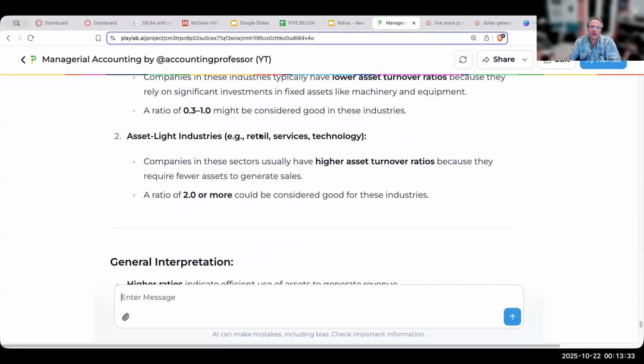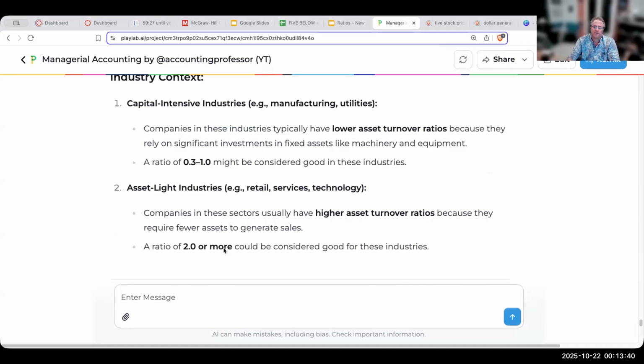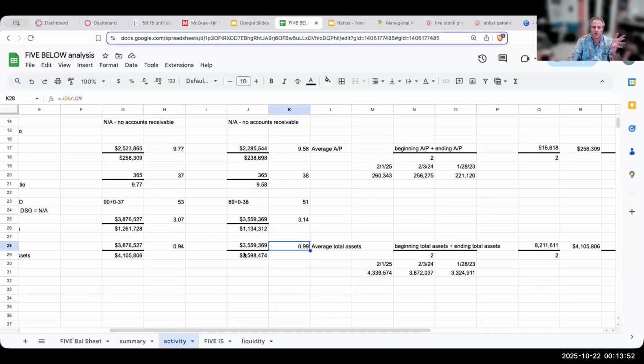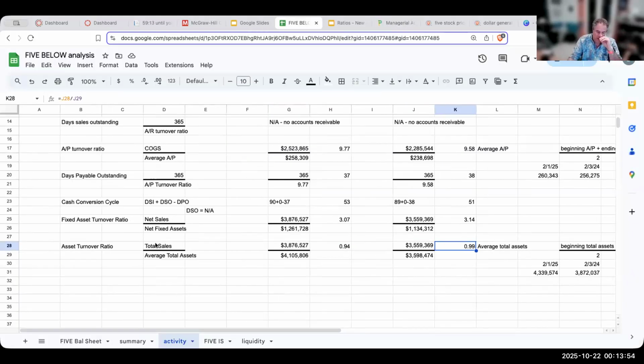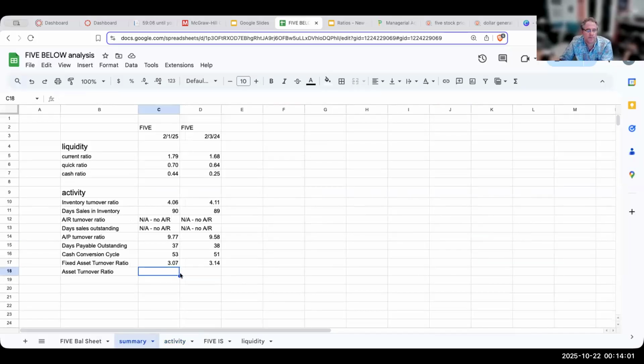If we look at retail, services, technology, which Five Below falls into, we would want to see a higher turnover ratio. But again, this really depends upon the companies you're looking at. Intuitively, it's my total sales divided by my average total assets. So let's go ahead and add that into our summary.